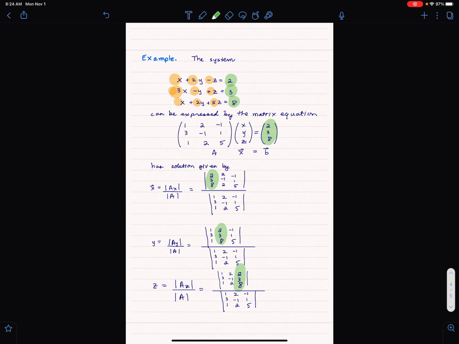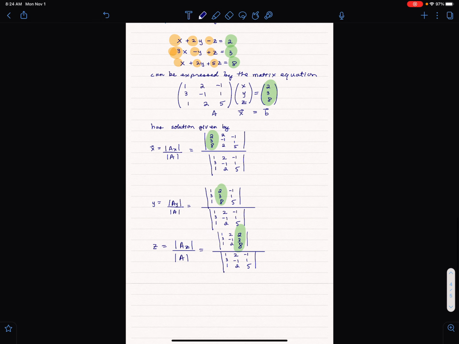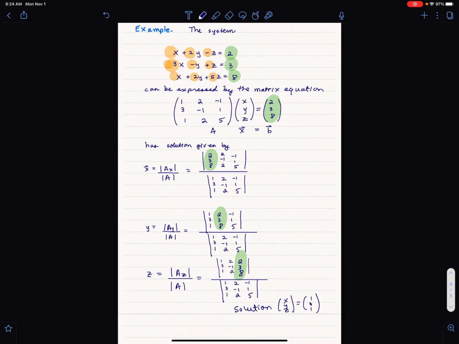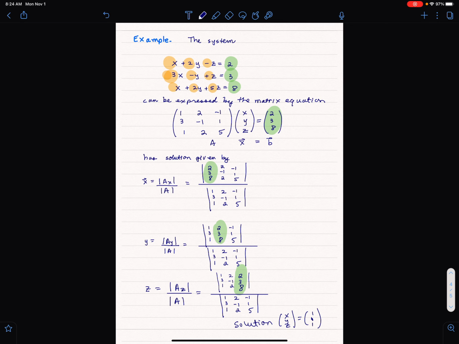If you're interested, the solution, I believe, I just sort of did in my head, ends up being that x, y, z is equal to 1, 1, 1, and you can work that out. For 3 by 3 determinants, there's a previous video on how to find those determinants.